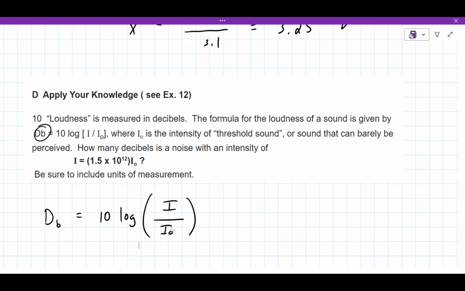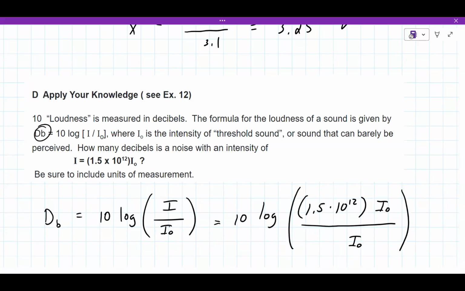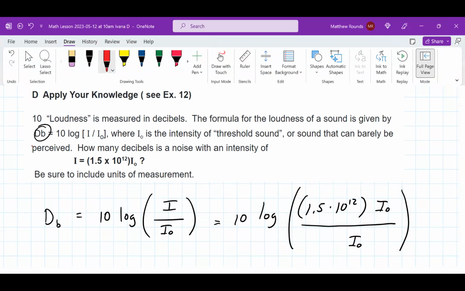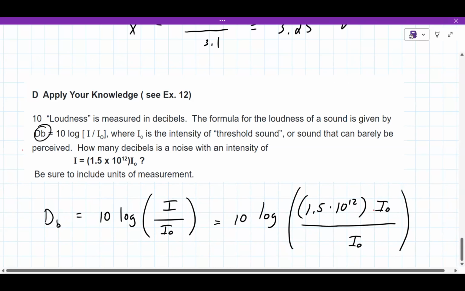Okay. Now they're telling you in this problem the value of I. They're saying I is 1.5 times 10 to the 12 power times this I0, and then it's divided by I0. So when you have an I0 on the top and the bottom, what can you do? Would you put the same 1.5 times 10 to the 12 on the bottom?